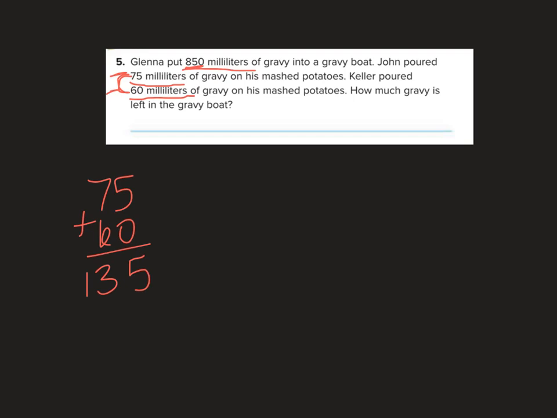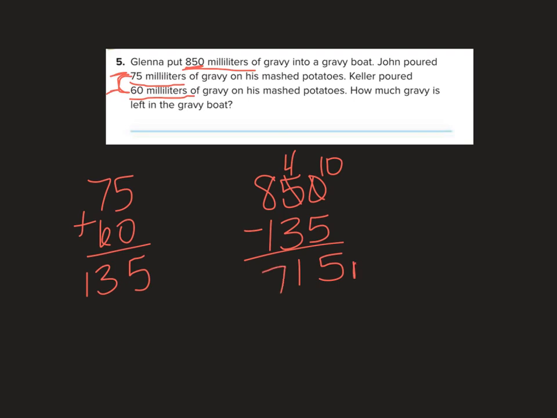So I have to take 850 milliliters minus 135 milliliters to see how much is left in my gravy boat. Ungroup here. 10 minus 5 is 5. 4 minus 3 is 1. 8 minus 1 is 7. So I still have 750 milliliters left in my gravy boat.